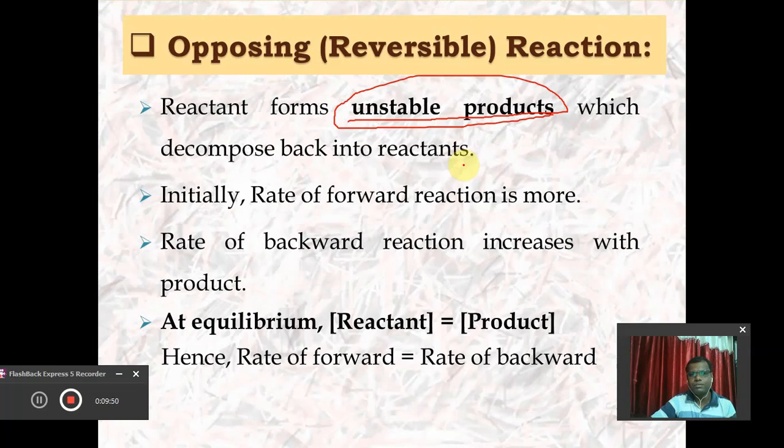So once the product is formed, as it is unstable, it will again decompose back into reactant. This is the characteristic of the opposing and reversible reaction.